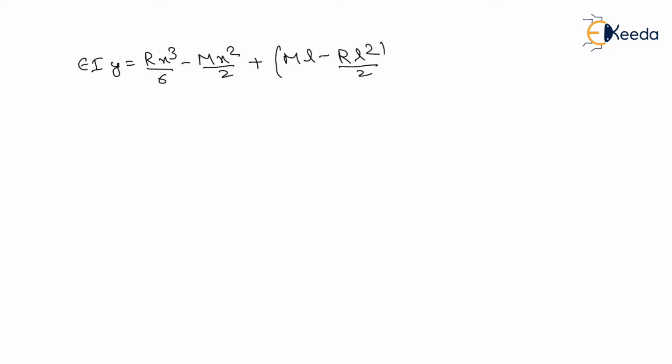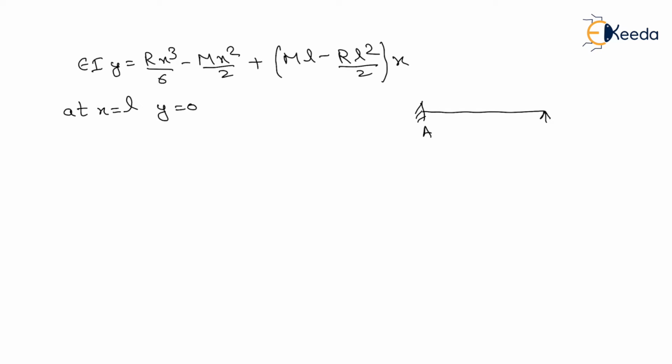Okay students, now we have put the value of C2 as 0 in this equation. Now we will use the next condition, that at x equals to L, y will be equals to 0, because no deflection is given on support A also.